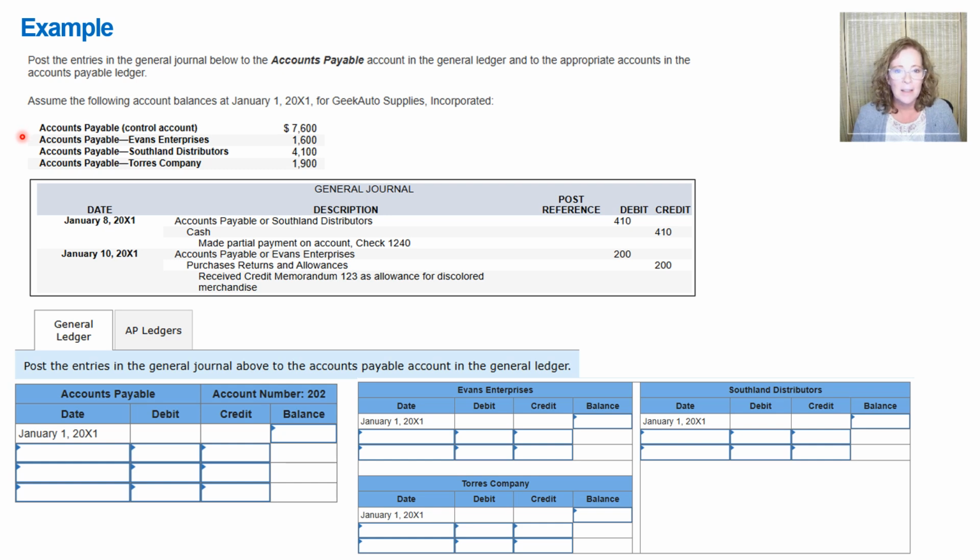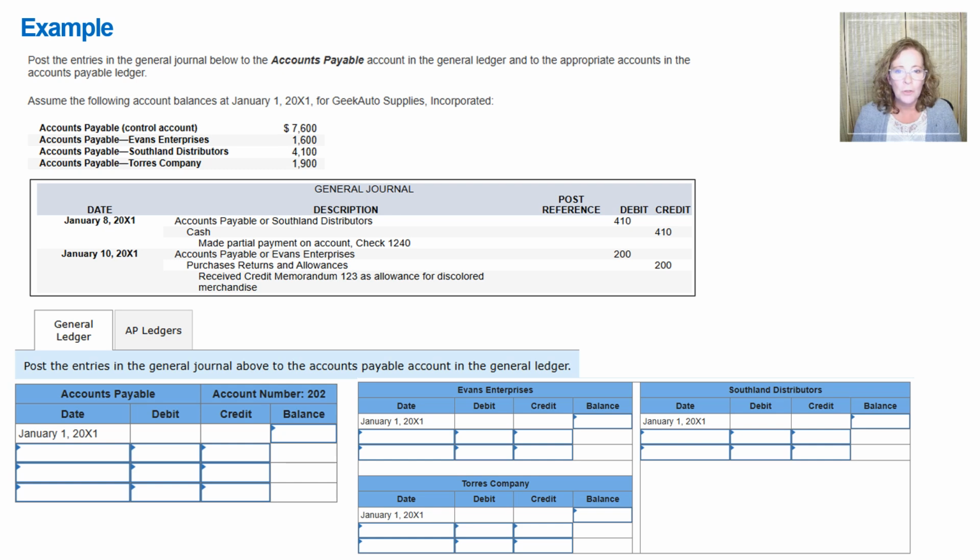Then it tells us that the total accounts payable are $7,600 and that the subledger has accounts for Evans Enterprises, $1,600, Southland Distributors, $4,100, and Taurus Company of $1,900. $1,600 plus $4,100 plus $1,900 equals $7,600.